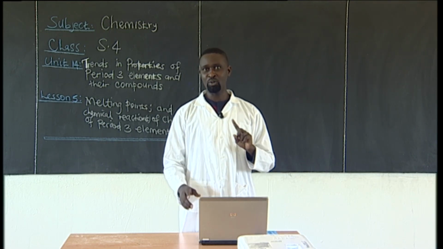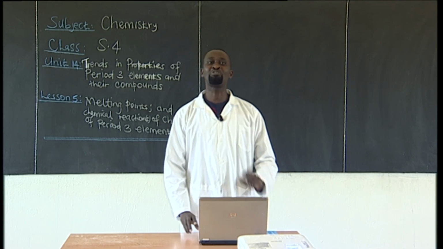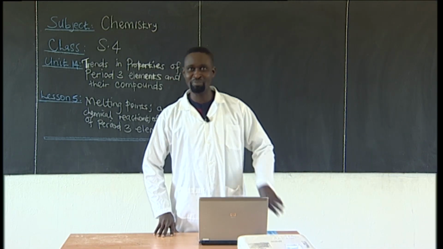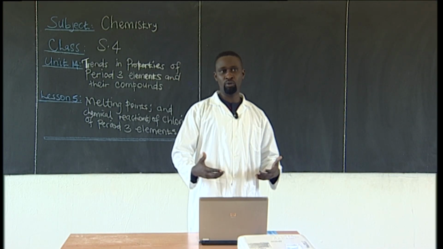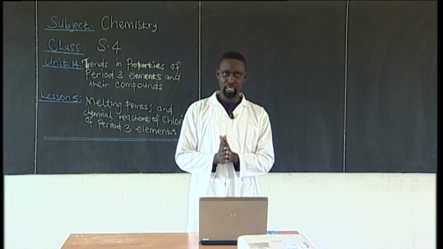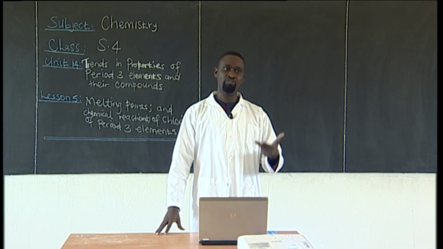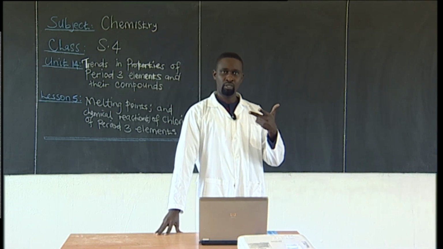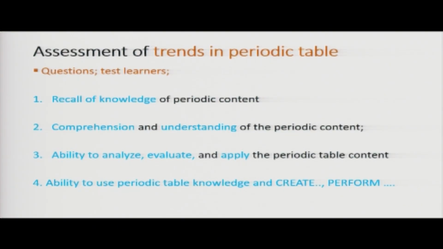Well, let's now go to, let me cheat for you. I actually call it cheating. Let me cheat for you. So normally, when we are assessing the periodic table, I want you to take note of these 4 aspects that you will always be meeting during the assessment or during the tests.